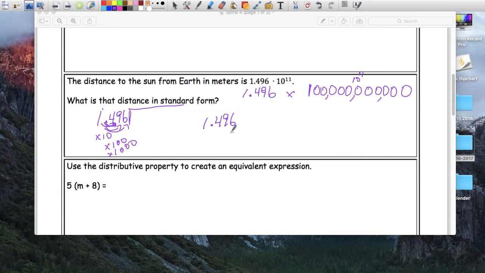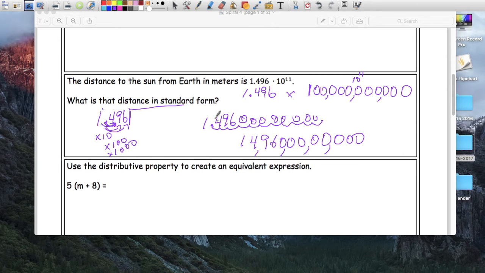This is 10 to the 11th, so we're going to move this decimal 11 times to the right. 1, 2, 3, 4, 5, 6, 7, 8, 9, 10, 11. Add zeros, and your decimal ends up there. To clean that up, it becomes 1.496 followed by 8 zeros. And here is your answer in standard form without multiplying.